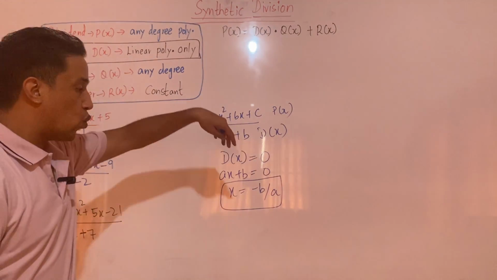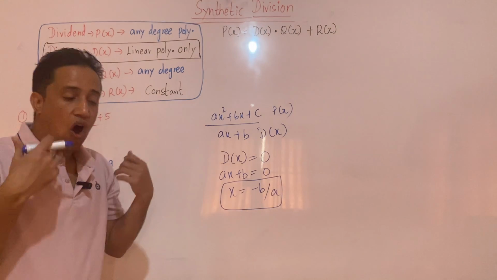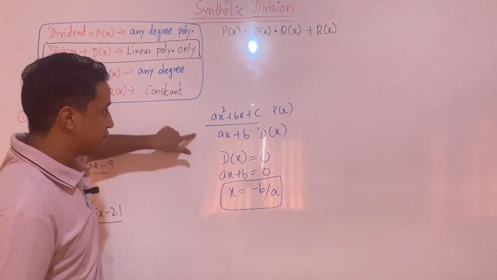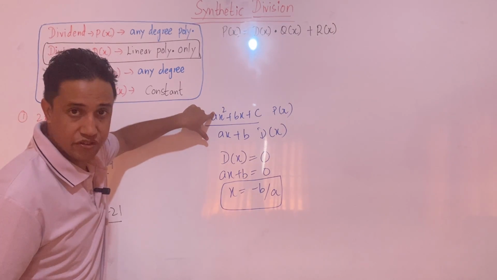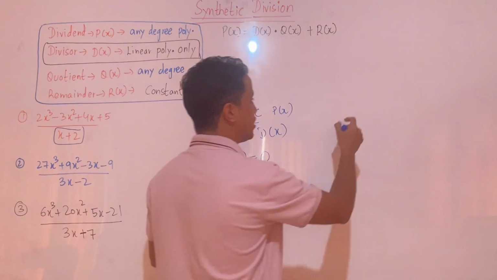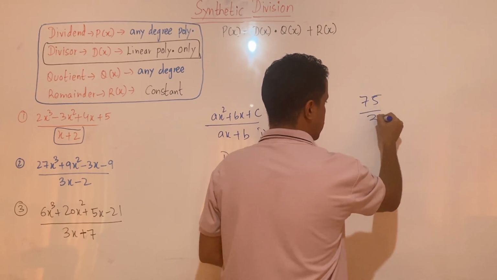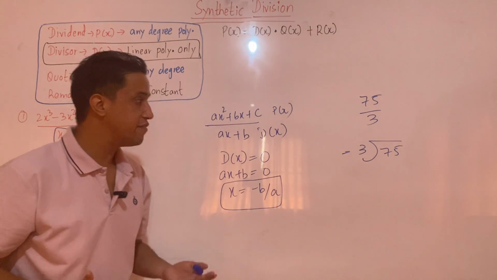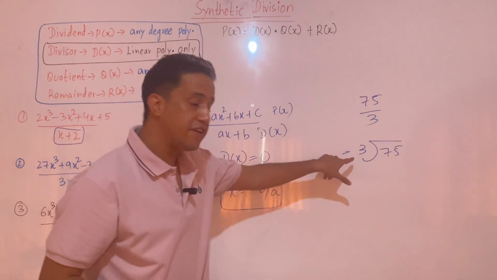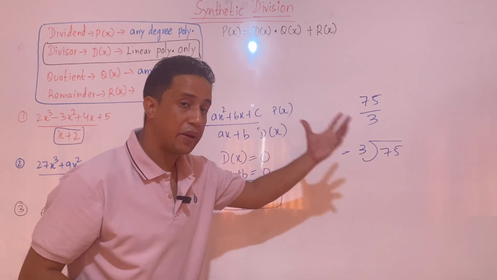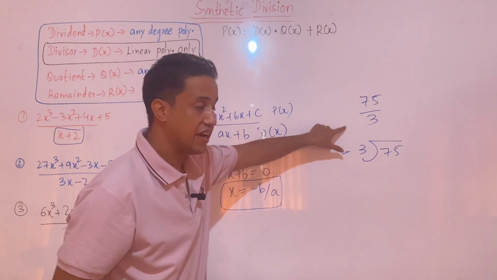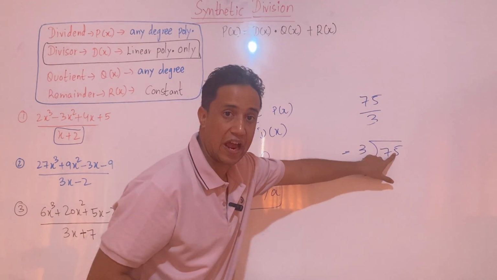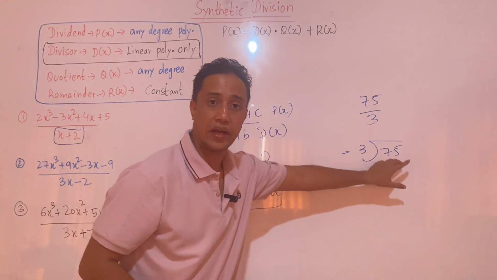And why do we do that? Because when we divide something, we always try to find out whether this thing is a factor of that thing. For example, when we divide 75 by 3 using the long division method, our main target is to find if 3 is a factor of 75. 3 will be a factor of 75 if it completely divides 75.